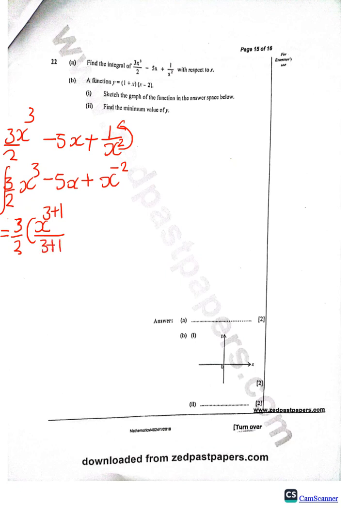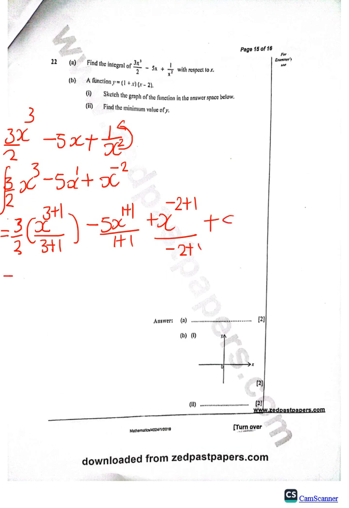So it's 3 plus 1, minus 5x. This x is raised to the power 1, so it's 1 plus 1 over 1 plus 1, plus x raised to the power negative 2 plus 1 over negative 2 plus 1, then plus c.